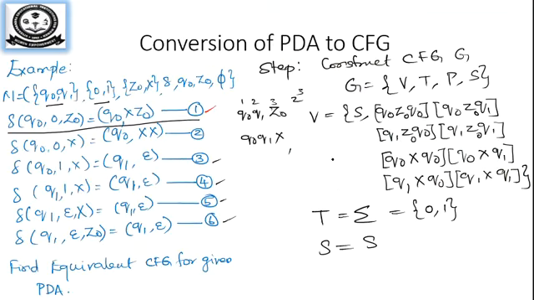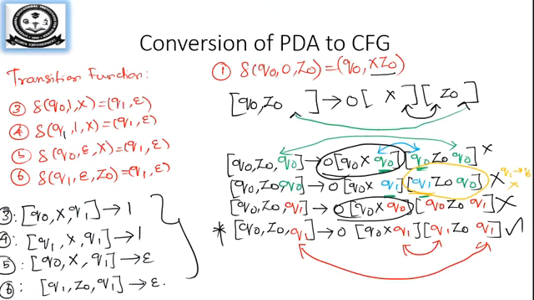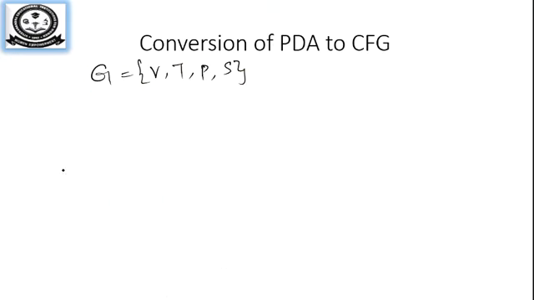So I can show you. I have written V, T and S. Now only the production rules have to be written. The start symbol is going to be S, Q0, Z0, Q1. So starting state, final state, and Z0 is the initial top symbol of the stack. Now we will write all the rules.